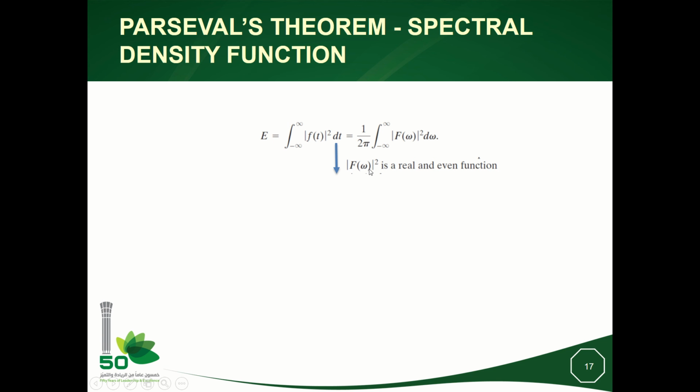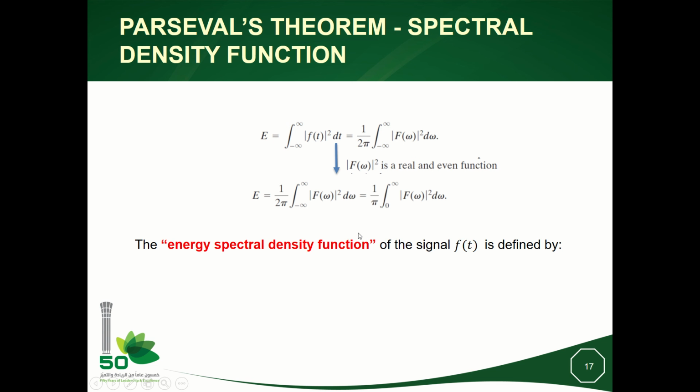Since the magnitude of F of omega is a real and even function, in this case, if we integrate from minus infinity to plus infinity, it will be exactly 2 times the integral from 0 to plus infinity. So this is why the energy can be written as 1 over pi, which is 2 times this value, from 0 to plus infinity, as we are seeing here.